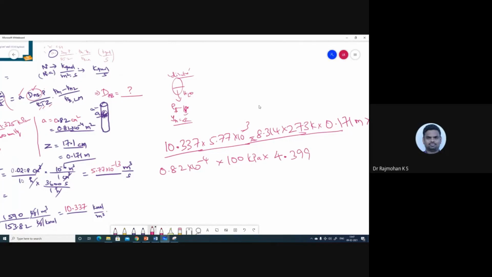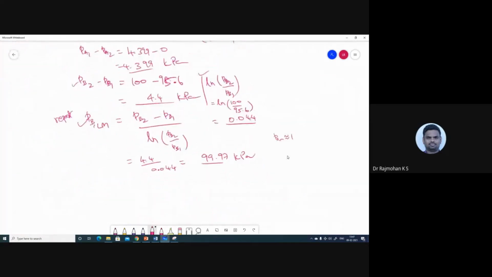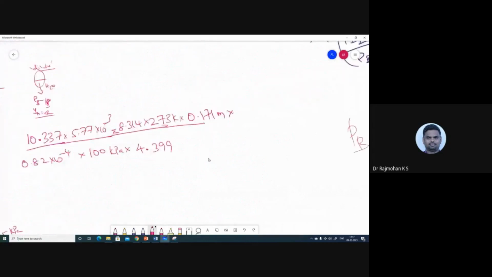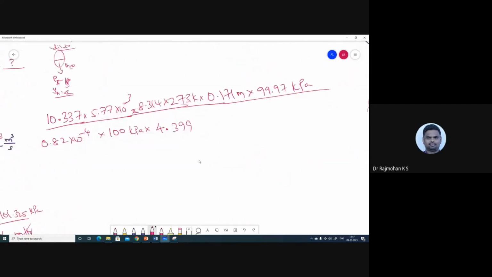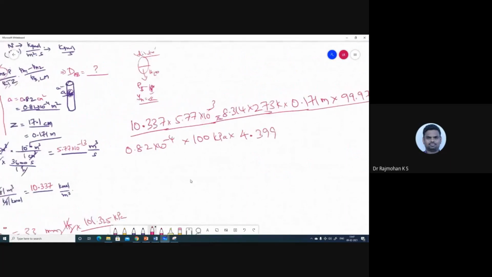And this PB, if it goes to the left hand side, it will be in the numerator, which we have calculated to be almost 99.97 kilopascal. Okay, so all these will be equivalent to DAB.